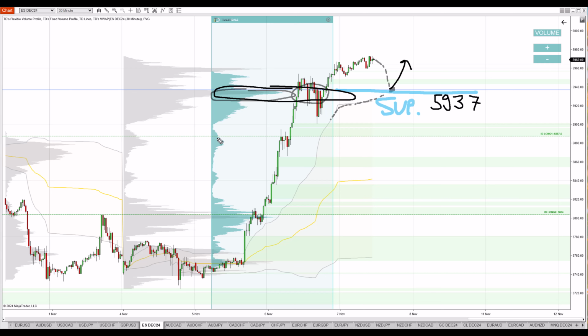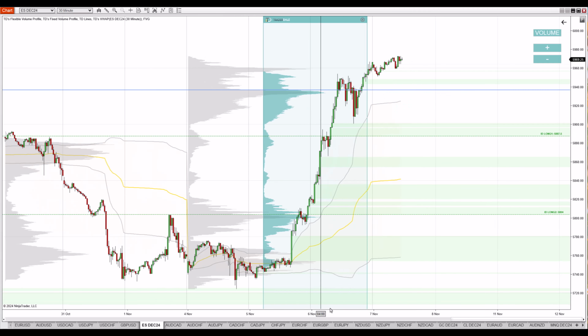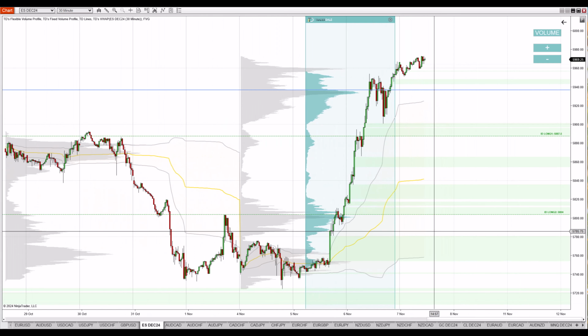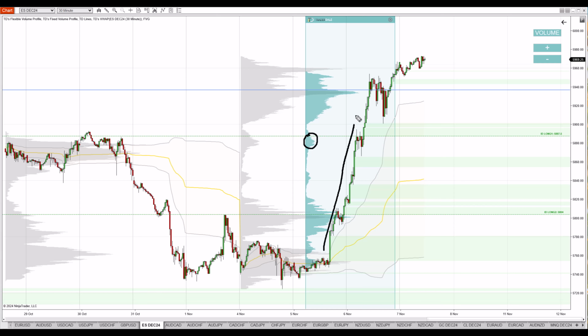Now, let's talk about this heavy volume zone. The level which I have here, the support, is at 58.87.5, and it is based on two things. One is that heavy volume zone, this volume cluster created within the uptrend. And the second thing is that the price was reacting to this level in the past.